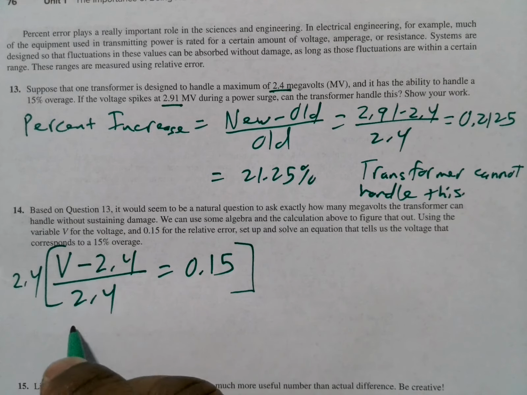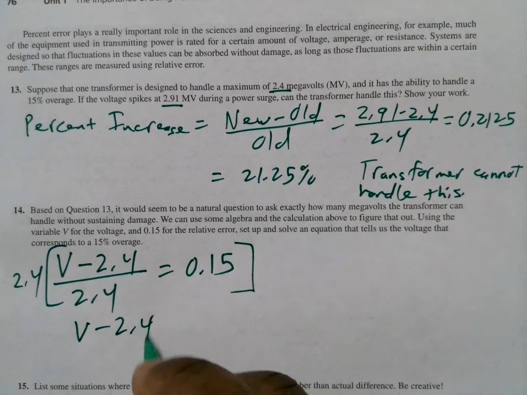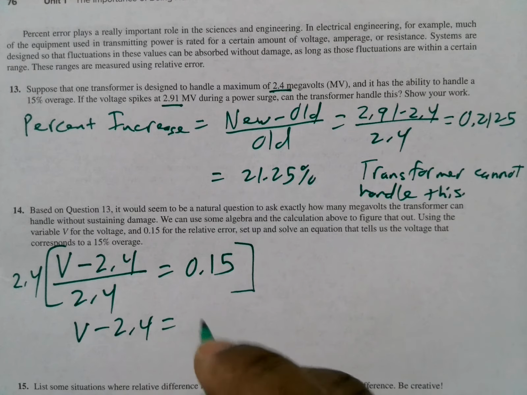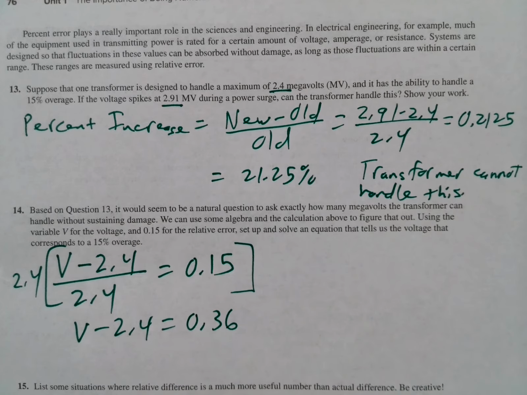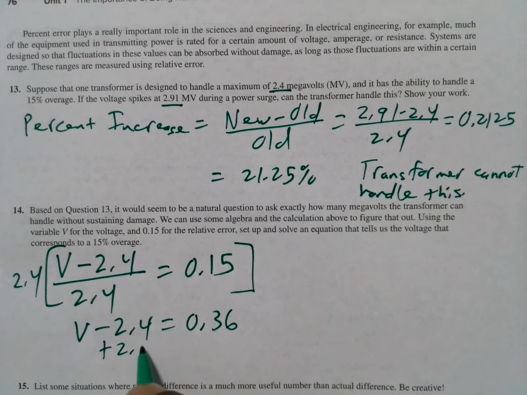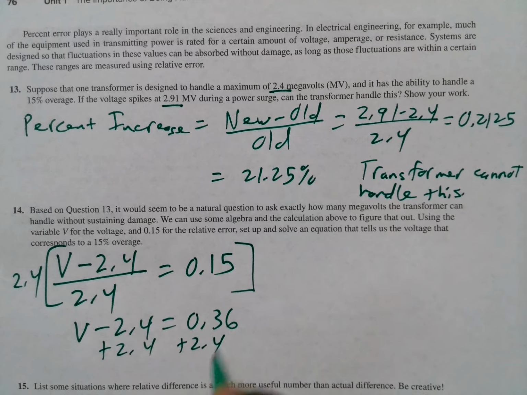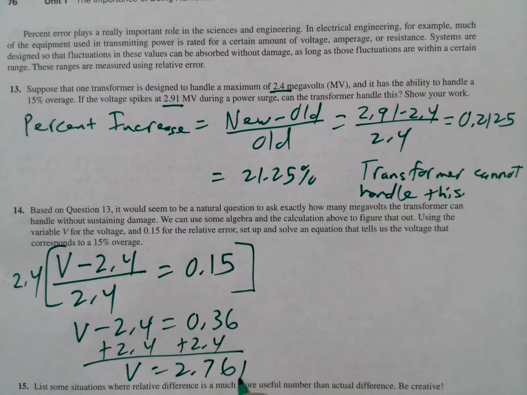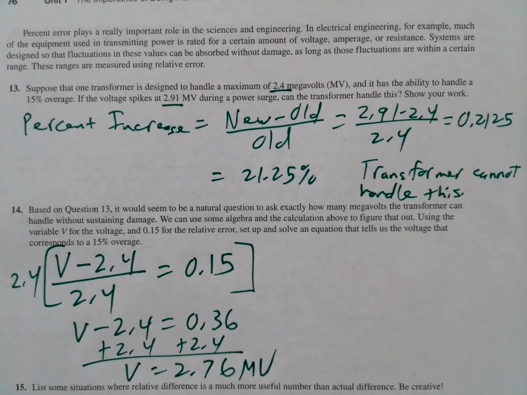That would get rid of this denominator, and we have V minus 2.4 equals 2.4 times 0.15, which is 0.36. You add 2.4 to both sides, and the voltage can be 2.76 megavolts. That's the highest that it could go.